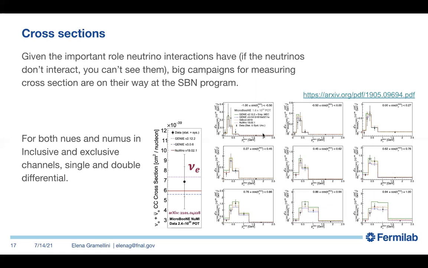Doing the double differential cross-section means also knowing very well and measuring very well, for example, the momentum of the muon or the angle compared to where the neutrino beam is going. And doing differential cross-sections or exclusive channels, one question that you can ask is: what is the probability that my NUMU gives me 3 protons? That's an exclusive cross-section.